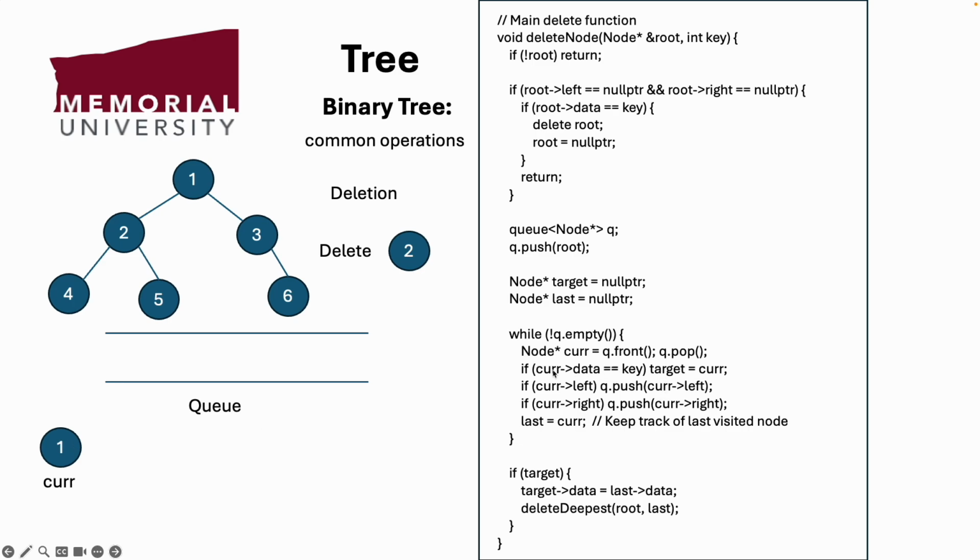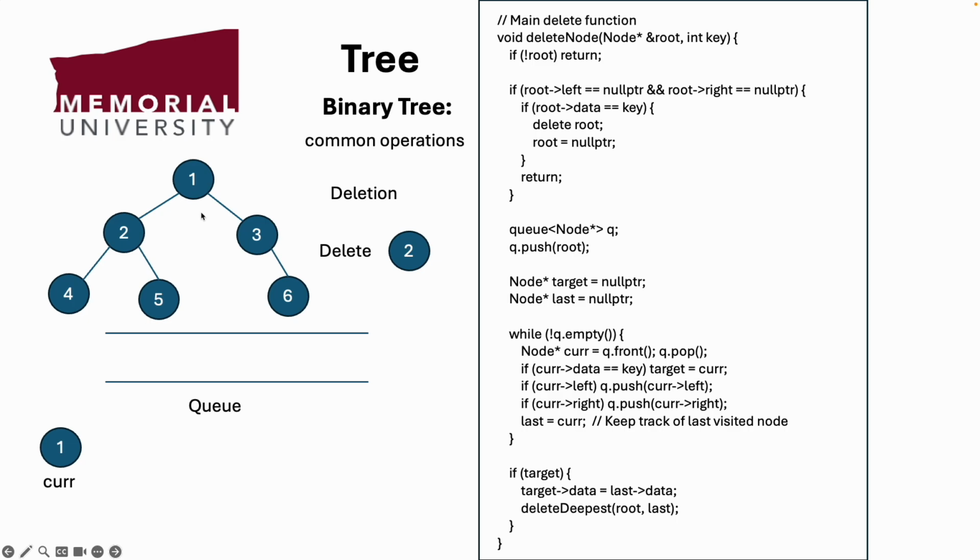Then we check whether the current data equals the key or not. This is the searching value, to search this value and then process deletion. The current value is 1, it's not equal to 2, the key is 2, so we go to the next line of code.